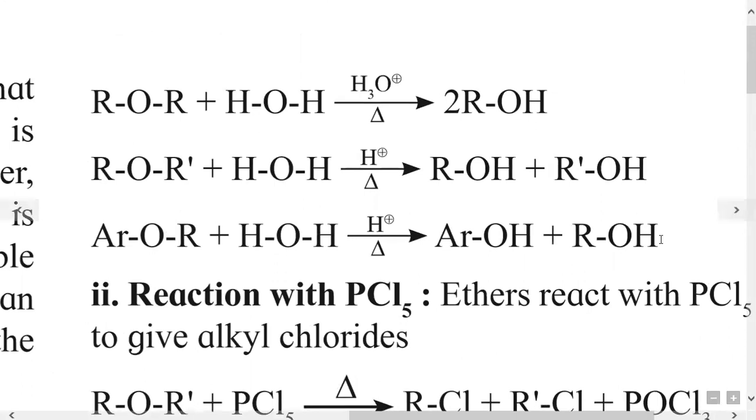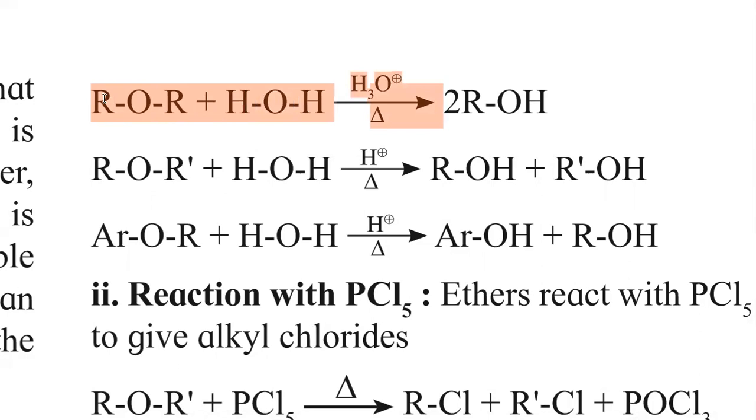This reaction is observed for all types of ethers, and all ethers are converted into alcohol. And if there is an aromatic ether, then it is converted into phenol. The equations are: ROR', an ether, reacts with HOH, that is H2O, in the presence of H3O plus acid. It gives two molecules of alcohol.